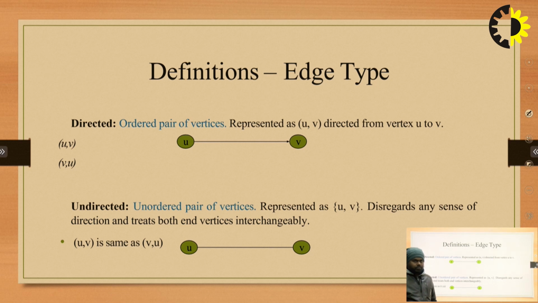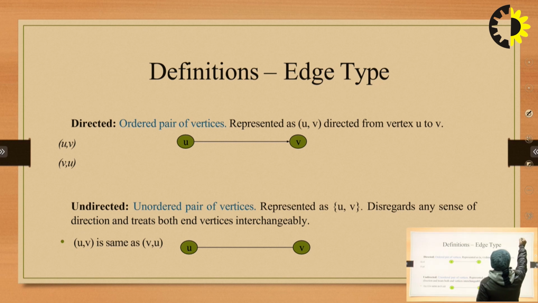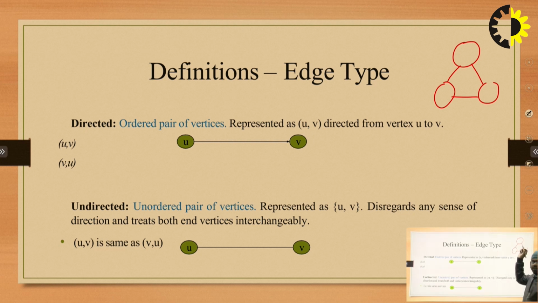Now, edge types. There are two types of edges. As in the previous slide, as I made a graph, I am making 3 vertices and 3 edges, E1, E2, E3.